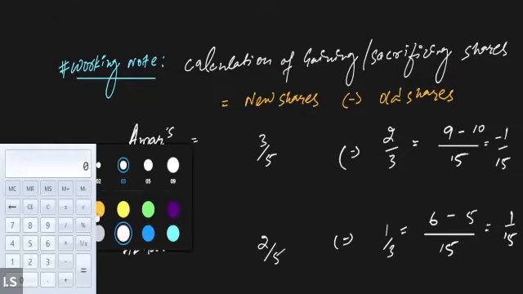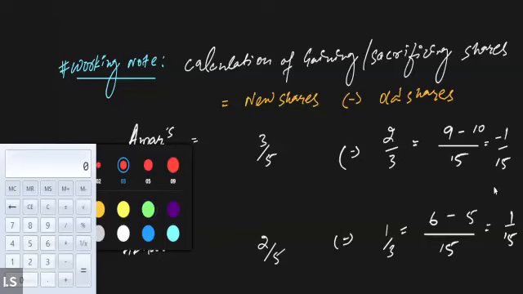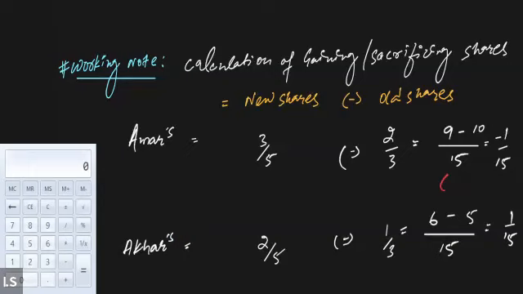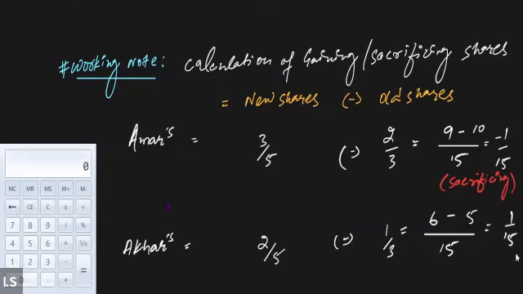And I guess all of you also remember that whenever you get the share in the negative figure, that indicates that such partner is sacrificing. So this means Amar is sacrificing because he is getting the negative value of share. And since Akhar is having a positive value, that means Akhar is gaining.